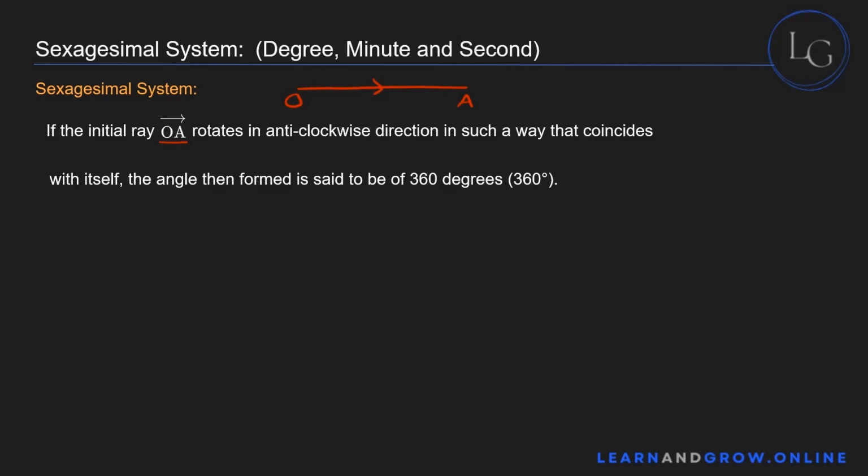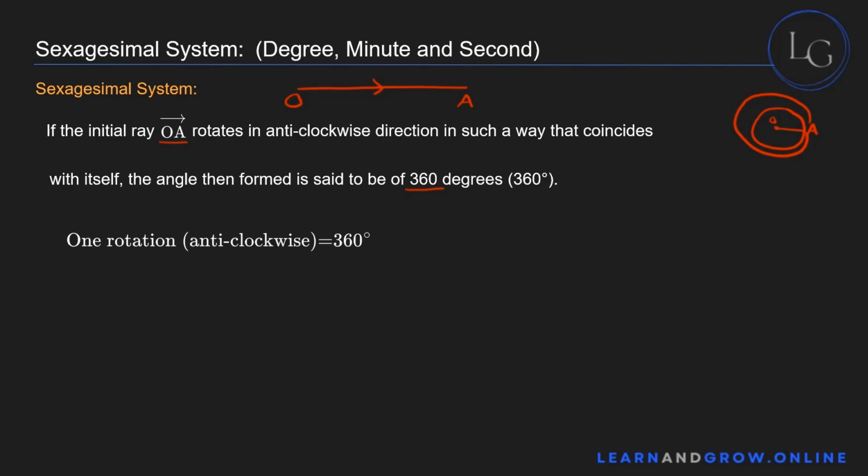So this complete rotation will be 360 degrees. If you have this circle, and this is the center O, and this is A, then this line O to A, if you rotate it all the way back to where it reaches its own self, the circle is completed, and that is an angle of 360 degrees.